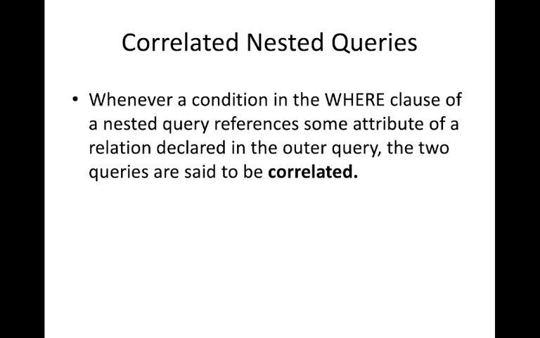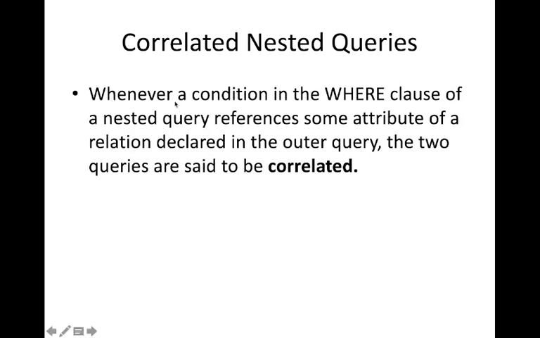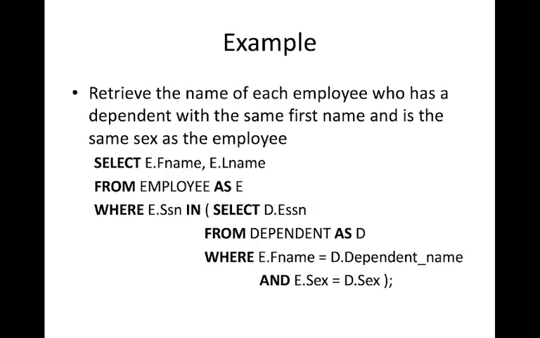Okay. Next, we will see correlated nested queries. Correlated nested queries means whenever a condition in the where clause of a nested query references some attribute of a relation declared in the outer query, the two queries are said to be correlated. If you see the previous example, this is the inner query.